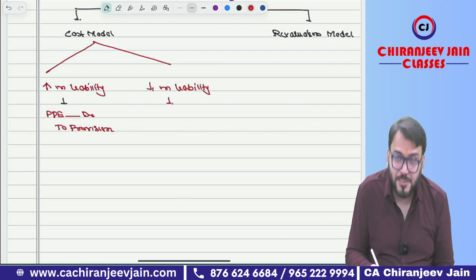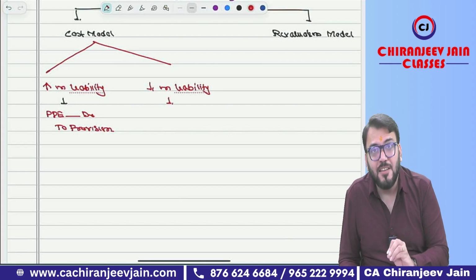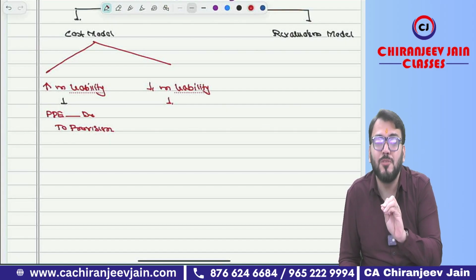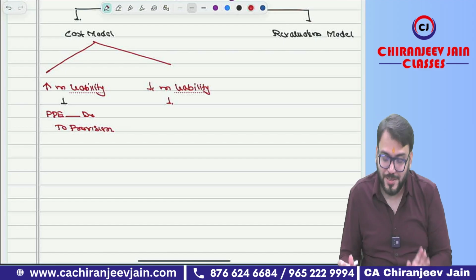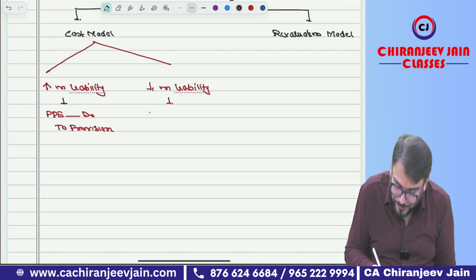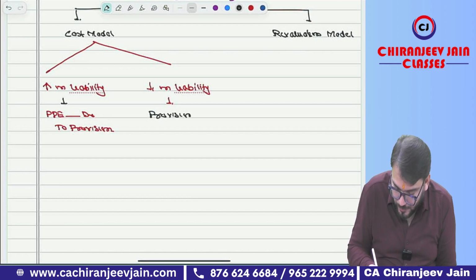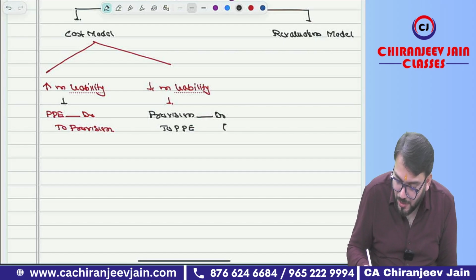If there is a decrease in liability, it becomes a gain, and that gain will be deducted from the cost price of PP. So the journal entry will be provision account debit to PP. But to the extent of its carrying amount.